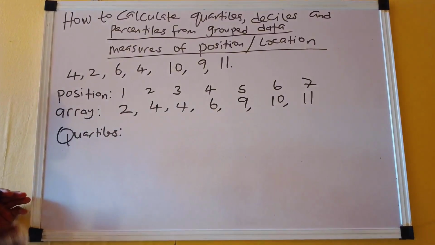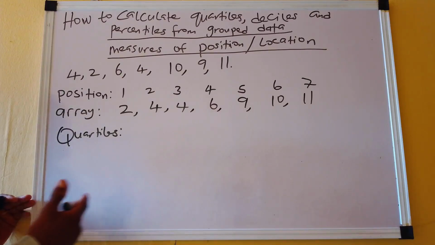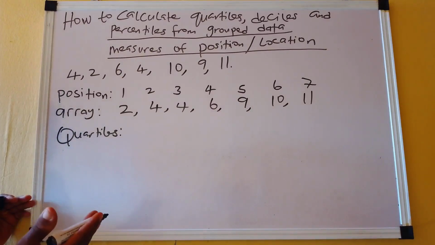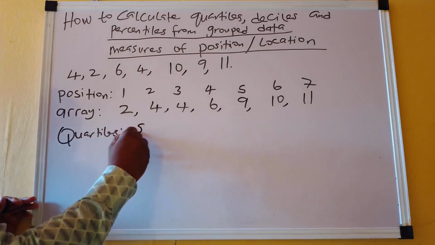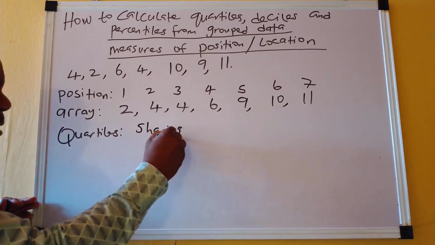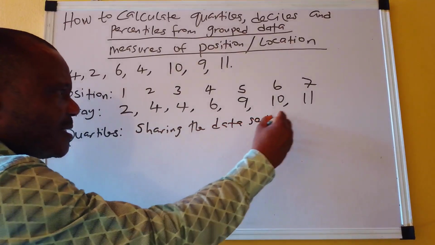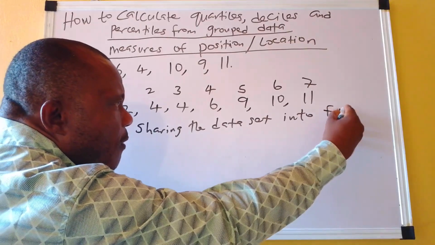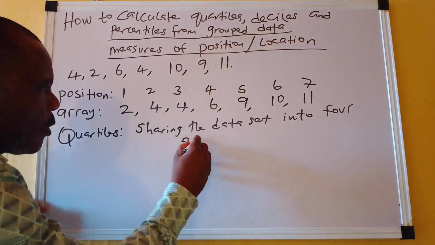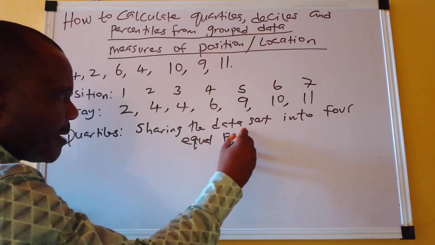The word quartile is gotten from quarter. It means you are sharing the data values into quarters, or into 4 equal parts. Sharing the data set into 4 equal parts.